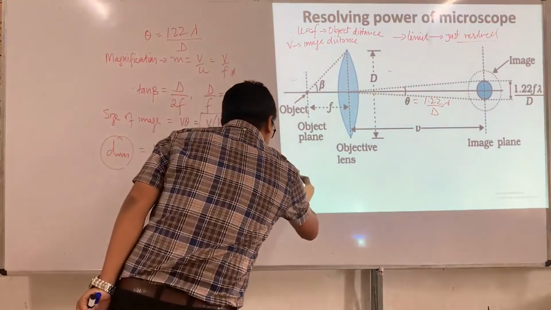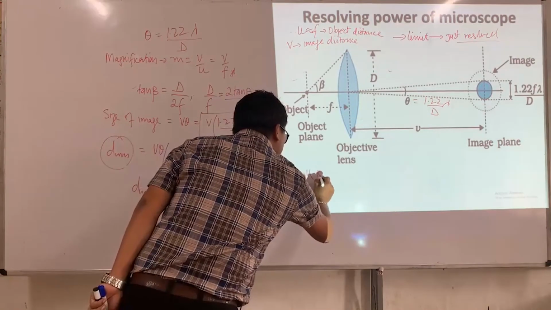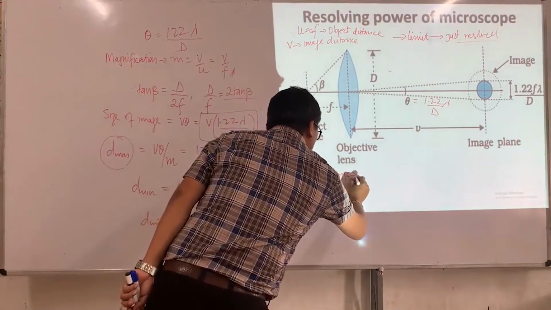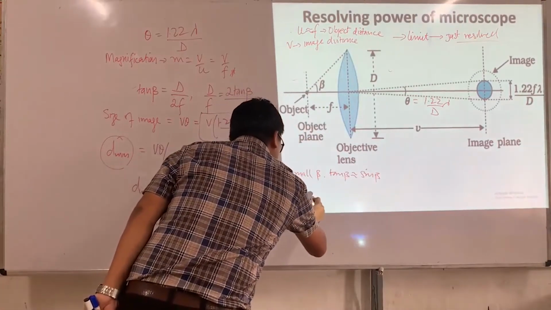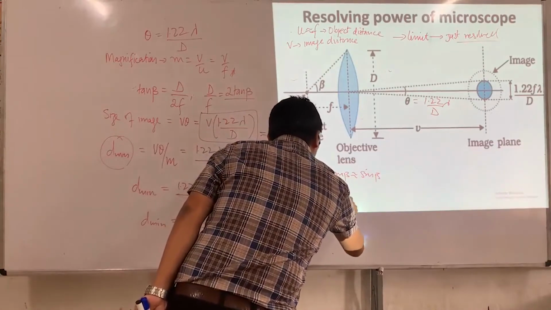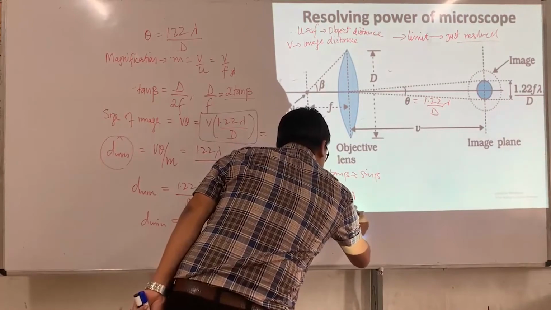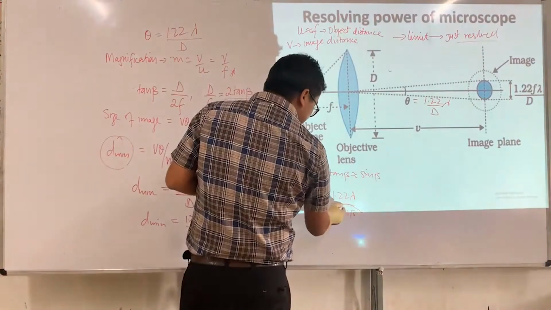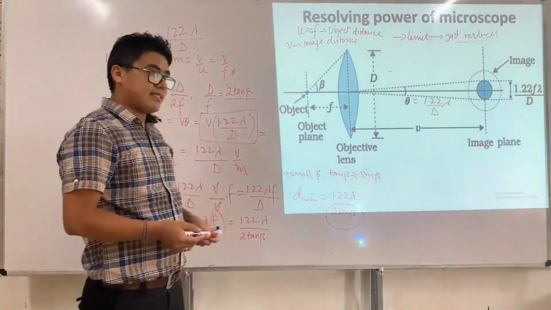So for a small beta, tan beta is almost equal to sine beta. So therefore, this minimum distance is going to be 1.22 lambda divided by 2 sine beta. Okay, so this is the characteristic of the objective lens.